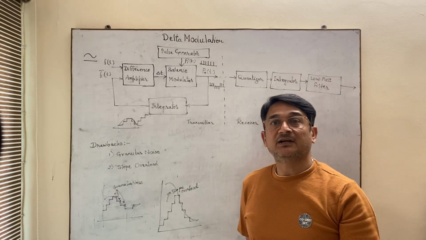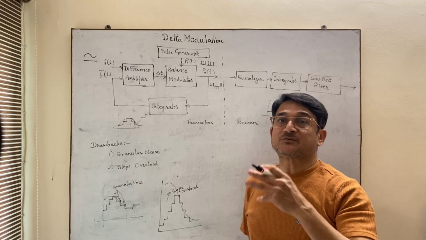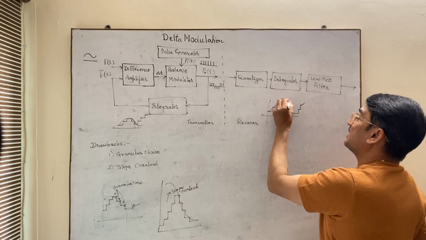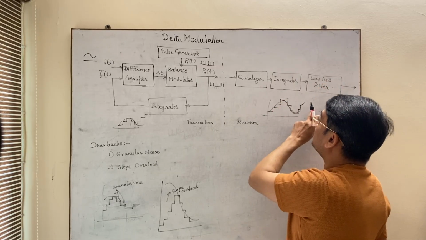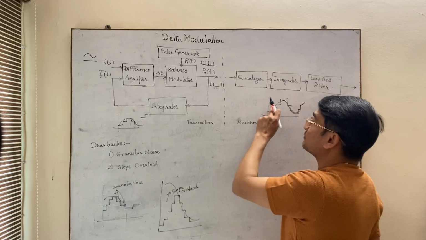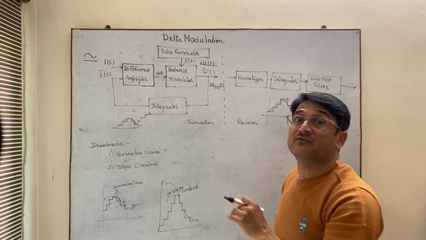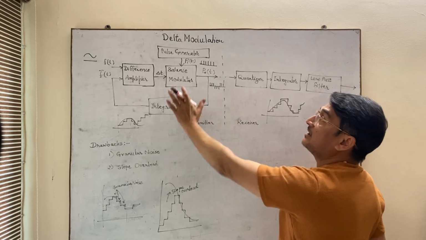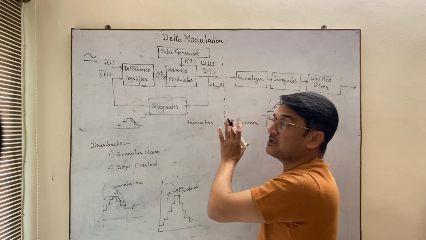The low pass filter removes the high frequency components and makes the curve smooth. The smooth output is nothing but your modulating signal which you have transmitted. This is the process of delta modulation. I hope it is understood.